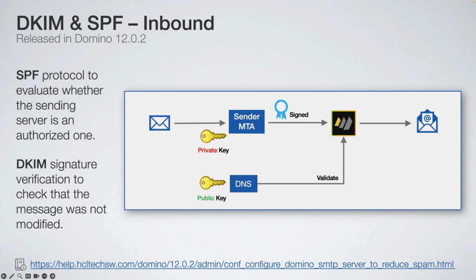And for incoming, you can set Domino to check incoming emails for validity and consistency, DKIM, SPF record, and whether the incoming email is okay, or suspicious, or from a spammer or attacker. These are new features in the recent versions 12.01 and 12.02.